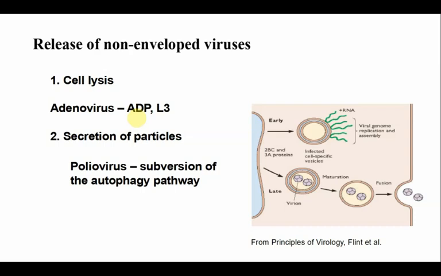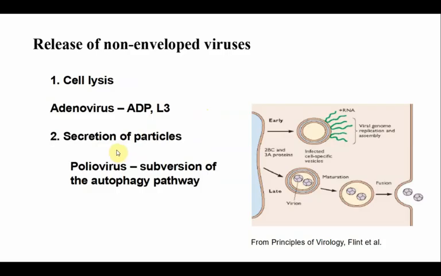They're too big, they can't get out of the nuclear pore complex, but ADP is going to come here, destroy this, and they can come out, okay? And L3 has an effect on the cytoskeleton, will destroy the cytoskeleton and allow these particles to be released from the lysed cell. So there's lytic infection with specific virus proteins that are destroying key components of the cell to allow release. That's one way for non-enveloped particles to be released.